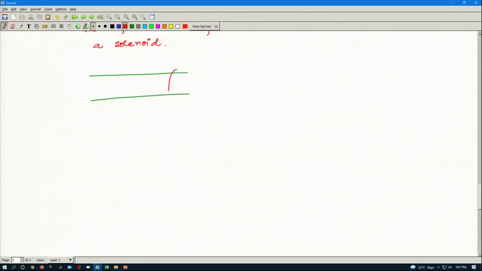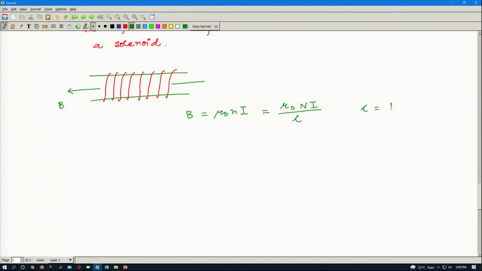We have the current loops like this. The magnetic field that is produced in this core region has a magnitude of mu 0 n I, or if I write it with the total number of turns, then it is mu 0 times the total number of turns N multiplied by I divided by the total length L. L is the length of the solenoid.